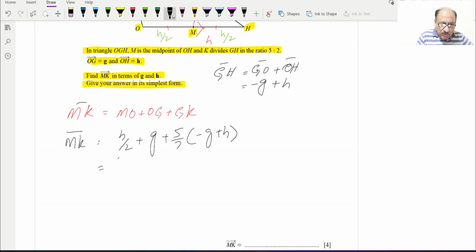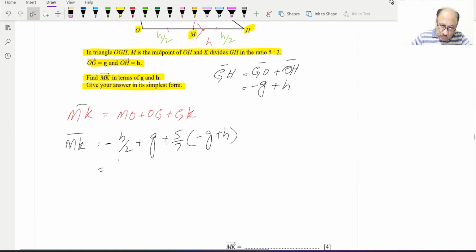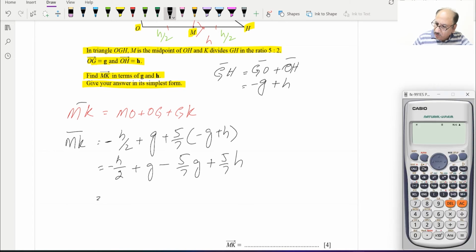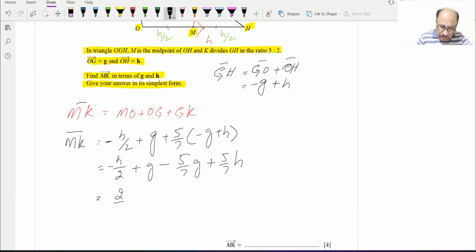This should be minus h by 2, because we are taking the MO direction, which is the negative direction. So we will write minus h by 2 plus g, and plus into minus will be minus 5 by 7 g and plus 5 by 7 h. Further, we can simplify. The g value is 1 minus 5 over 7, which is equal to 2 by 7, so we can write 2 by 7 g.